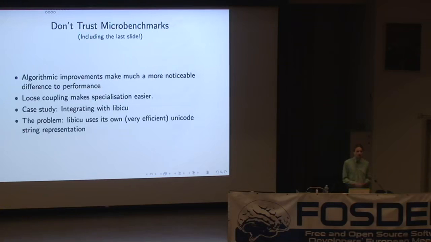But micro-benchmarks, they're great for examples and slides and stuff, but they don't necessarily reflect real-world performance. And it's really important to realize that in any language, a good language, a fast compiler, and a poor algorithm will never beat a really naive compiler and a good algorithm.